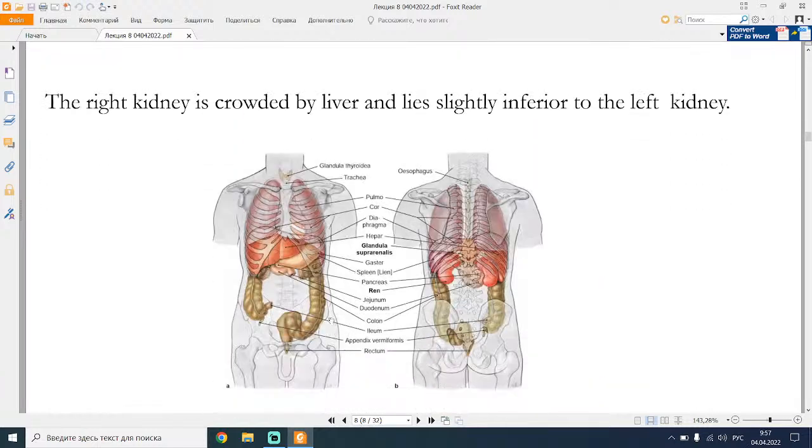The right kidney is crowded by the liver, what you see here, and lies slightly inferior to the left kidney. Right kidney, left kidney.